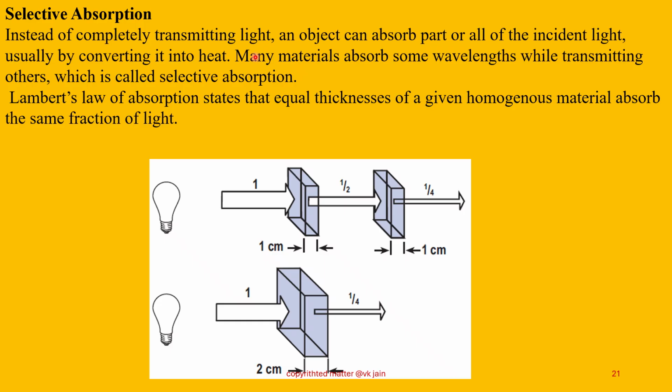Many materials absorb some wavelengths while transmitting others, which is called selective absorption. Lambert's law of absorption states that equal thicknesses of a given homogeneous material absorb the same fraction of light.